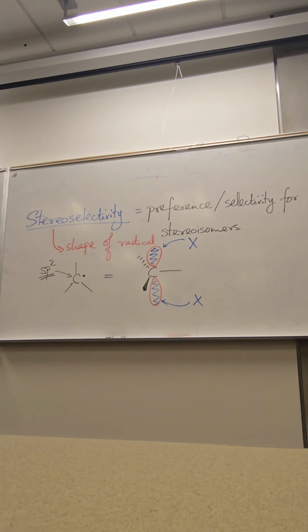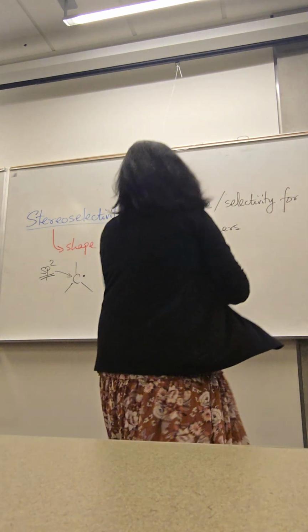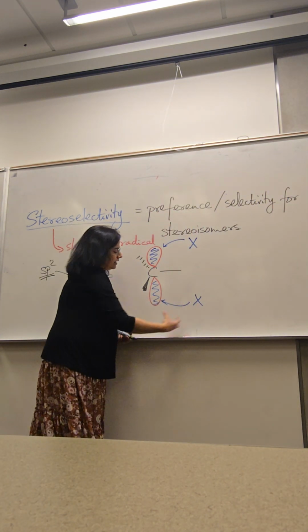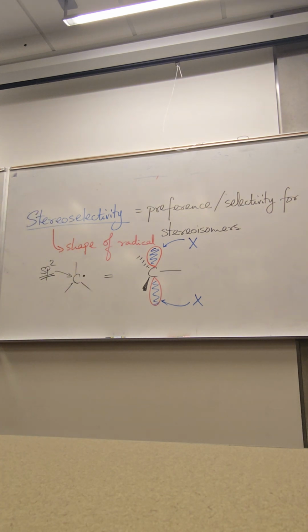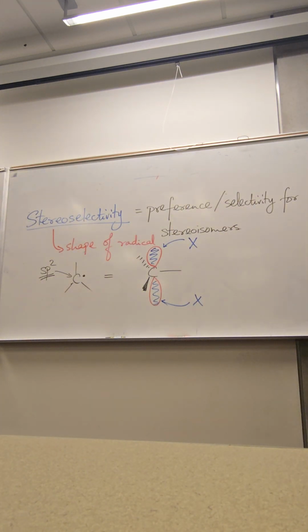That's how racemic mixtures are indicated. You will get the plus enantiomer and the minus enantiomer in equal quantities because the X coming from the top side is equally likely as coming from the bottom side, giving us both enantiomers. Do you guys all see that? So, regioselectivity depends on the more stable free radical.